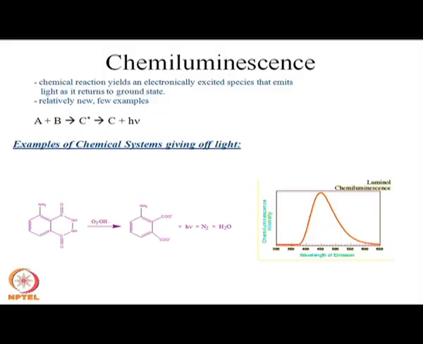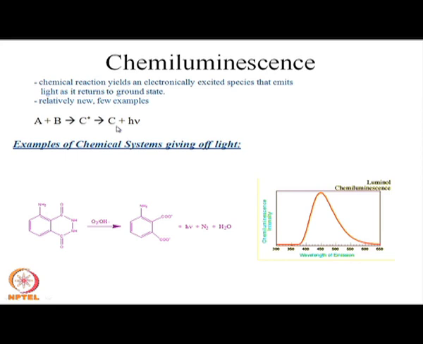So the electronically excited species emits light as it returns to the ground state, giving rise to chemiluminescence. It is a relatively new field and few examples are there. So, A plus B gives rise to C star, and this C star gives rise to C and h nu.